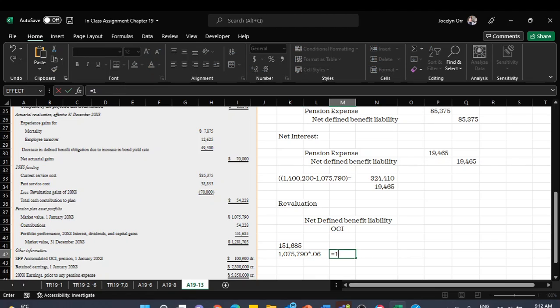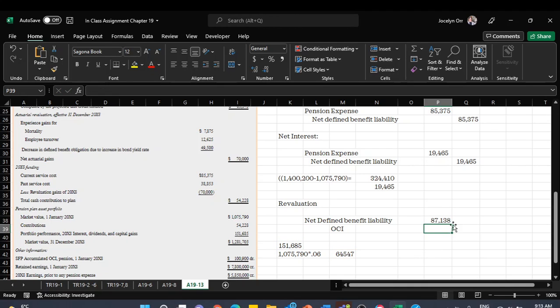Okay, so 1,075,790 times 0.06 gives us an amount of 64,547. So the difference between our actual performance and what we expected is 87,138. And again, that is a gain because we performed better than what is expected based on the fair value and the current yield rate.